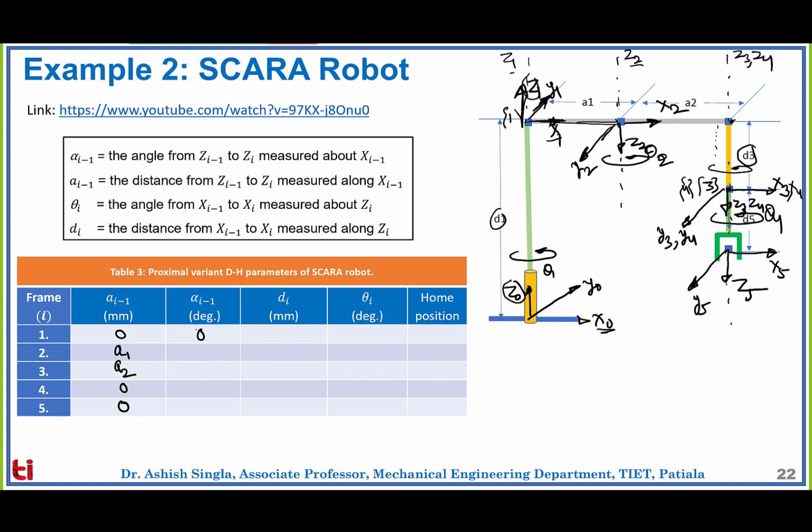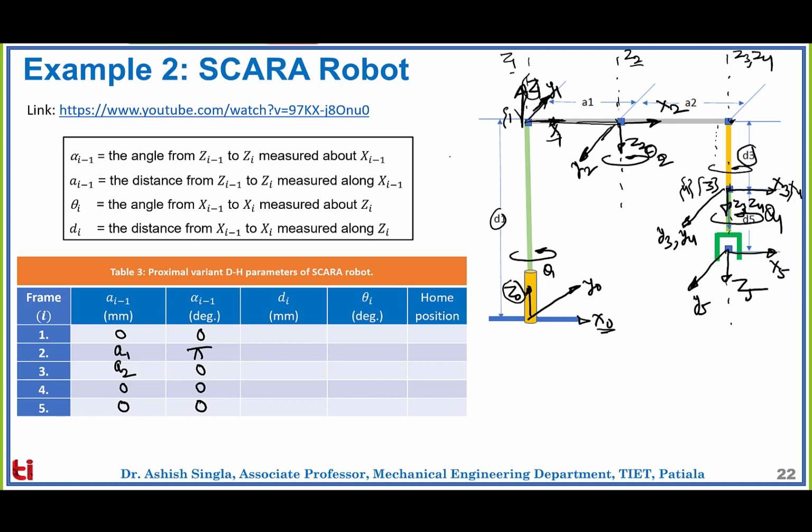This is a special case, you can take it as a positive angle or negative angle, clockwise or counterclockwise, because sine of 180 or minus 180 is 0 and cos will remain the same. So you can mark pi. Then z2 to z3 angle is 0 because all the z's are downwards, z3 to z4 is 0, z4 to z5 is 0. So all the remaining angles between different z-axes are 0.